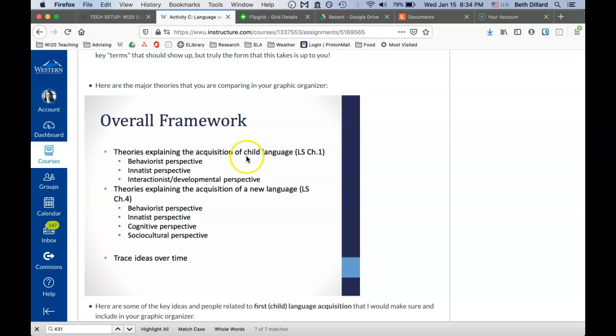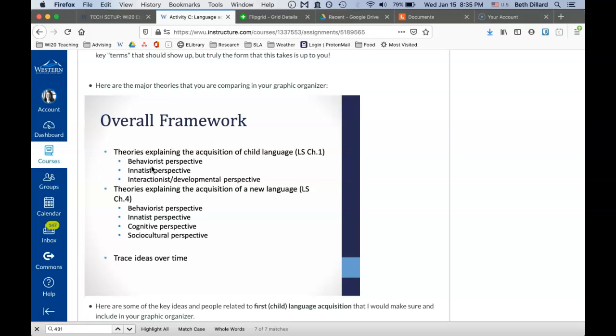So notice that you've read Lightbown and Spada chapter 1, and it talked about three different perspectives. And then you're going to be later reading Lightbown and Spada chapter 4, and you're going to notice some overlap, right? There's a behaviorist perspective for both first and additional language development. There's an innatist perspective for both first and additional language acquisition.